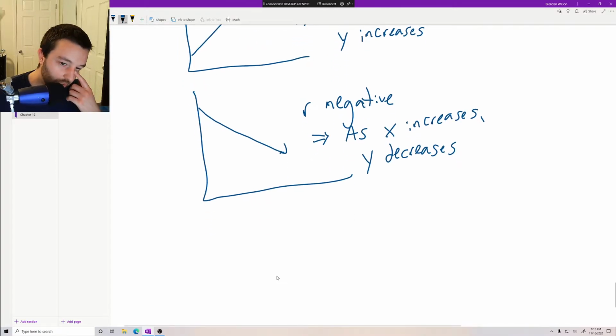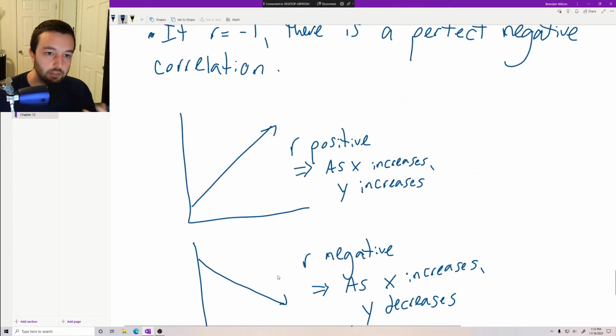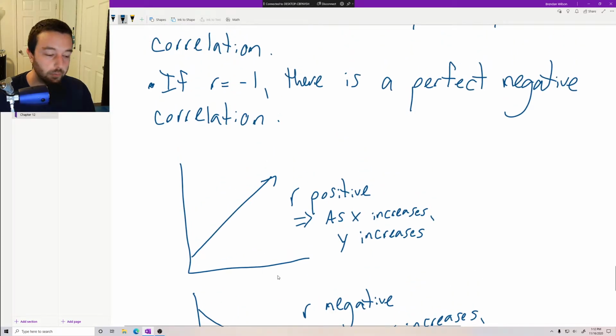So one thing we should note is that even if things are perfectly correlated, it doesn't necessarily mean that there is causation. We, as in the general public, when we're looking at statistics, often confuse the words correlation and causation. And articles often will look at statistical studies where they establish correlation and get it mixed up and report that there's causation.